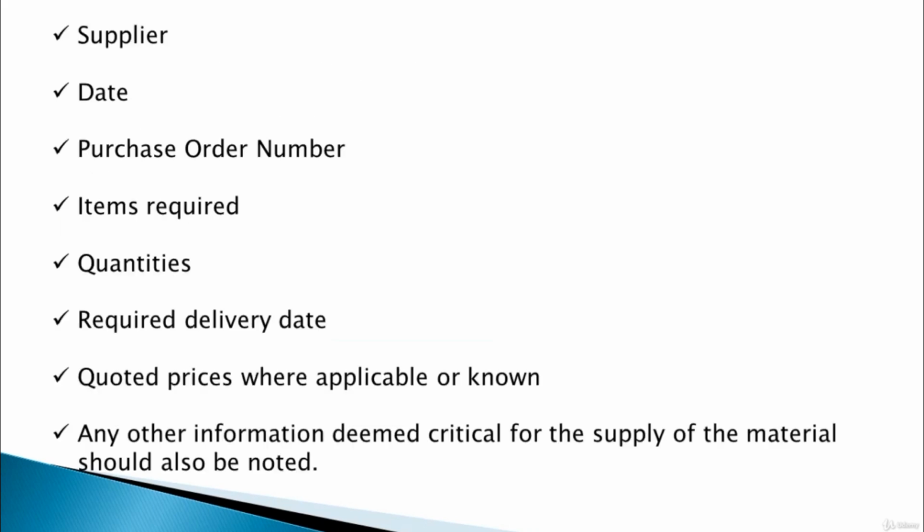This documented information should include the supplier name, the date of the purchase, and the purchase order number. One thing I should note here is that purchase orders should only be ordered by the purchasing manager or the accounts manager by the request of the purchasing manager.